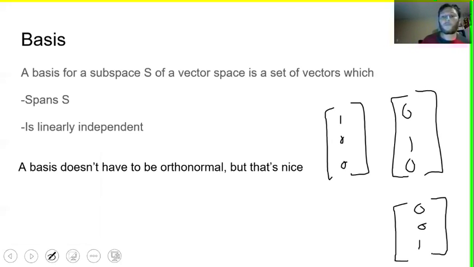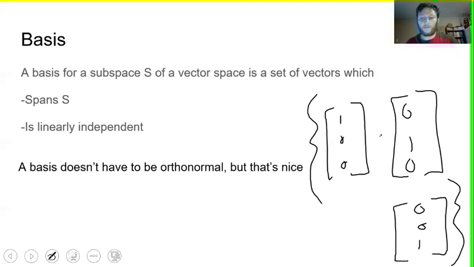An orthonormal basis is something like this, where all of your vectors are magnitude 1, and they're all orthogonal to one another, so the dot product is 0. We don't really need an orthonormal basis, but it's nice to work with, so we'll often use the standard basis, especially for Euclidean spaces.